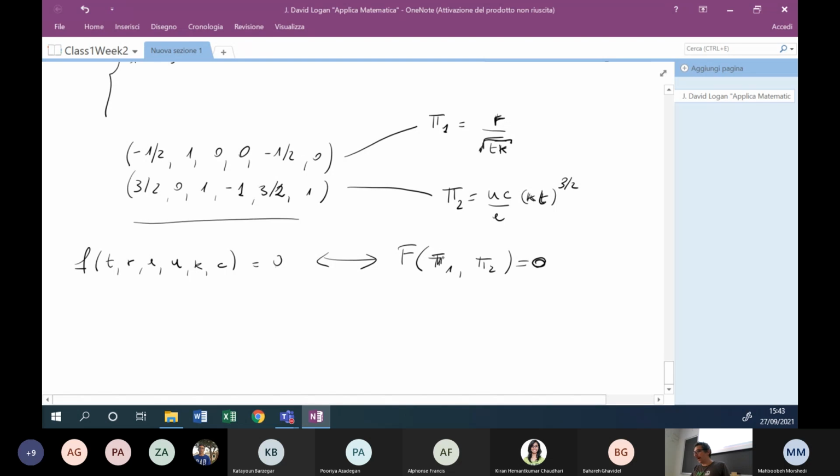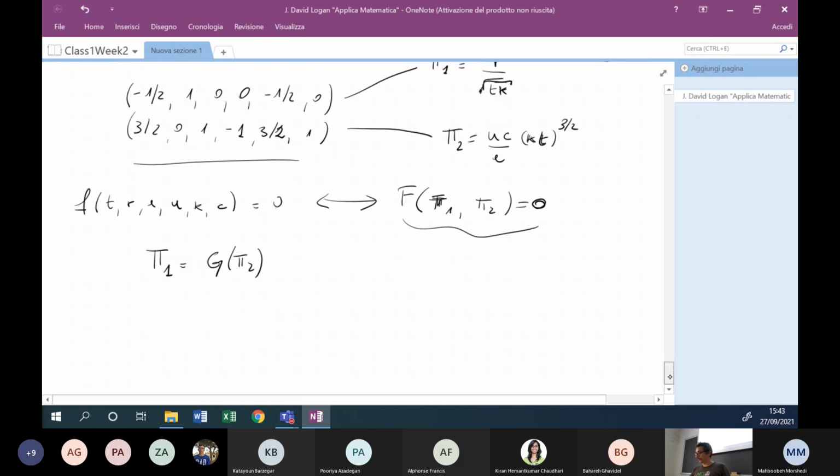Now, since this is just a function of pi 1 and pi 2, I am able to solve this equation with respect to one of the two variables. So let me suppose that I solve with respect to pi 2, so that I can express pi 1 as some function g of pi 2.